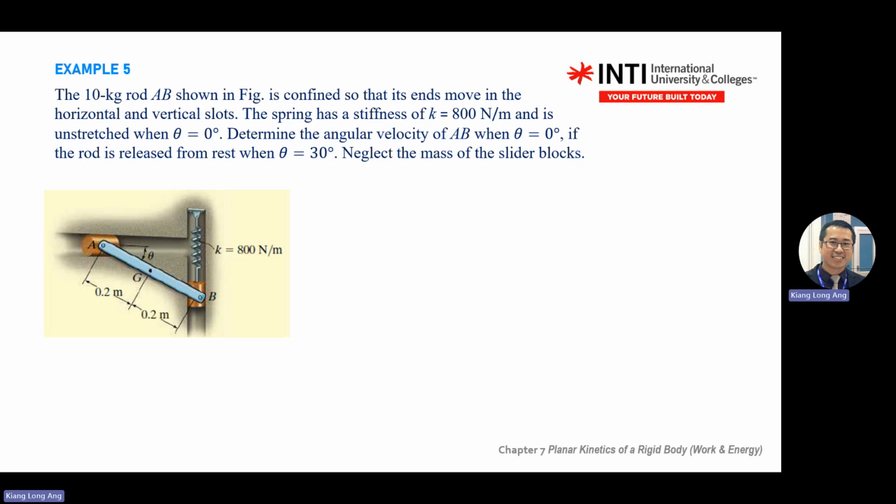So you have the stretching. If the rod is released from rest at the angle of 30 degree, mean this one 30 degree. So you want to know when you release this, you charge up the spring already. When you release, what is the angular velocity? This one change. This one change. So it's a reverse of that.